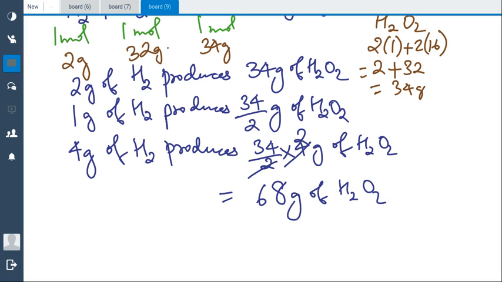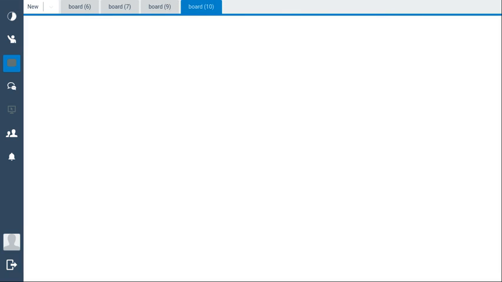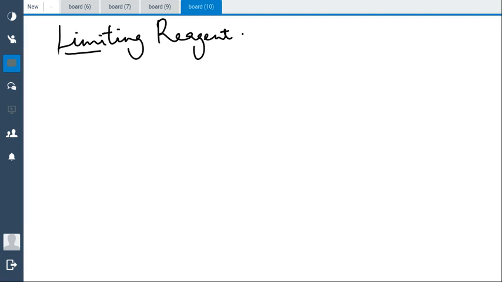Now, the next topic is limiting reagents. Okay, so what do you mean by limiting reagents? I'll write down the definition.